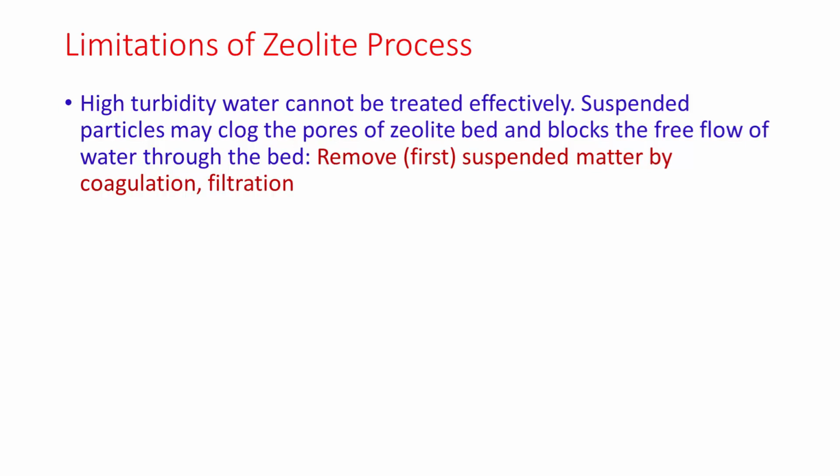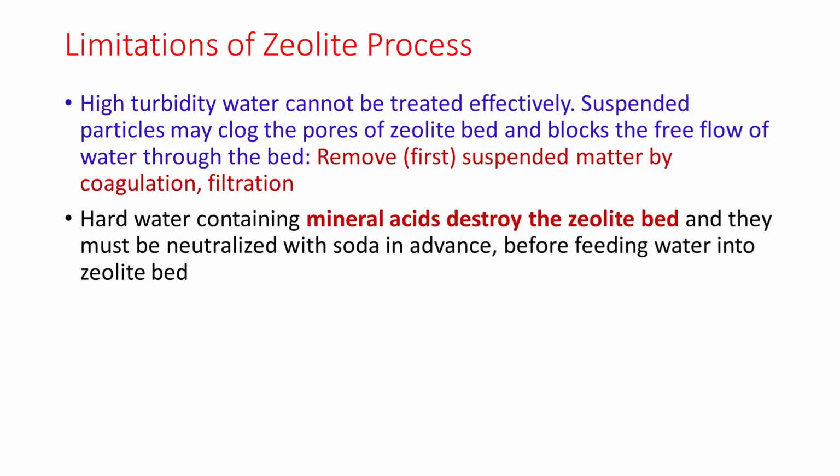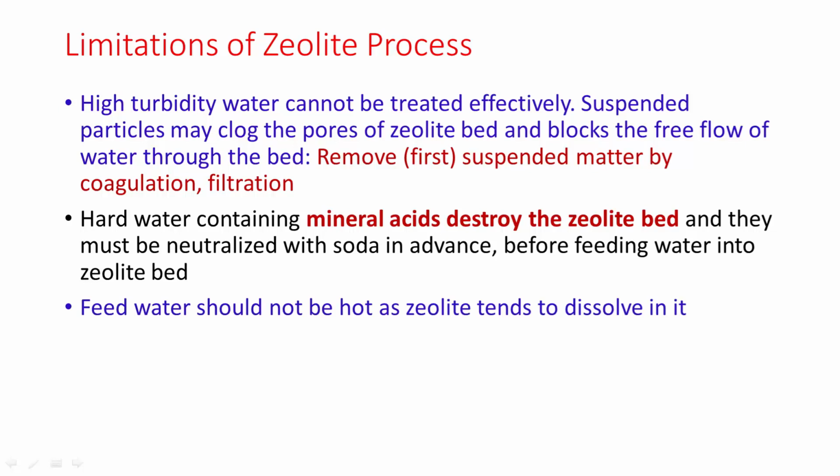Remedy is to remove first the suspended matter by coagulation and filtration. Hard water containing mineral acids destroys the zeolite bed, and they must be neutralized with soda in advance before feeding water into zeolite bed. Feed water should not be hot as zeolite tends to dissolve in it.